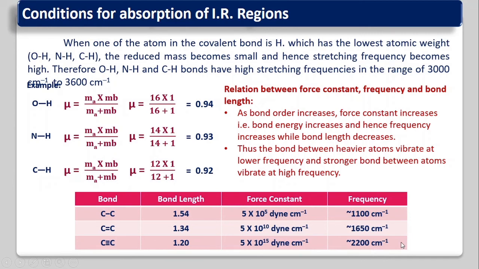So in this way we can identify the general area for the single bond compound, the double bond compound, and the triple bond compound. Single bonds absorb near about 1100 centimeter inverse, double bond absorbs around 1640 or 50 centimeter inverse, and triple bond absorbs near about 2200 centimeter inverse.